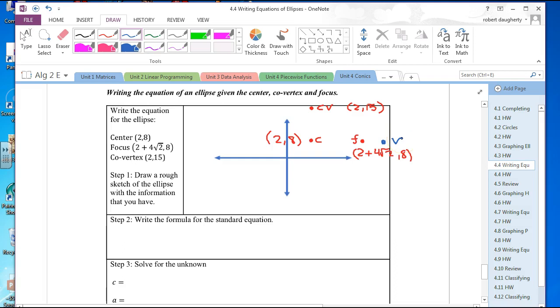So the formula I'm after is (x minus h) squared over a squared plus (y minus k) squared over b squared equals 1. So I know the center is what, 2, 8?